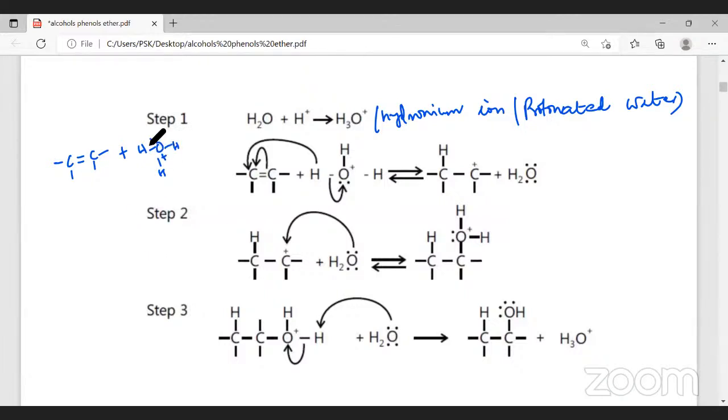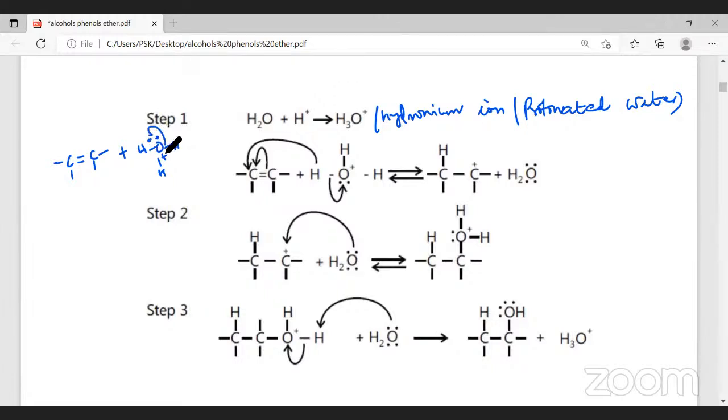Now you can observe that here, oxygen has a lone pair of electrons. Since oxygen has a lone pair of electrons, one of the bonds will shift on oxygen.